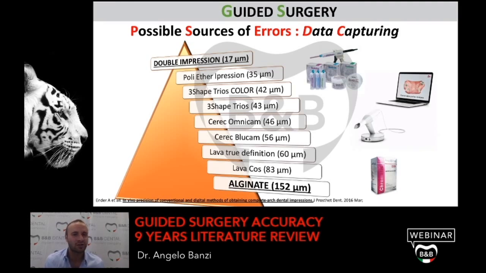Yes, the double impression, you heard really well, it's more precise compared to the intraoral scanner. The worst material that you can work with is actually the alginate. So the traditional technique seems to be more precise than the virtual technique.